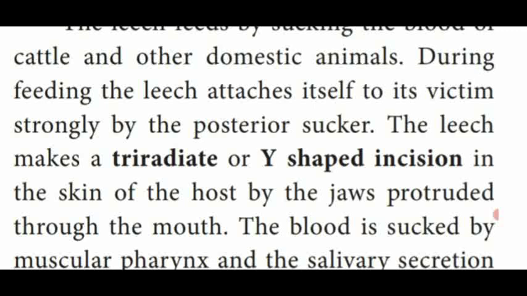Incision means a particular cavity-like groove. The Y-shaped incision is made in the skin of the host animal, that means the other animal's body, with the help of the jaws, which have a single row of teeth. We have seen this in the previous page, isn't it? So, by protruding the jaws outside from the mouth, it makes a triradiate or Y-shaped incision in the skin of the other animal.